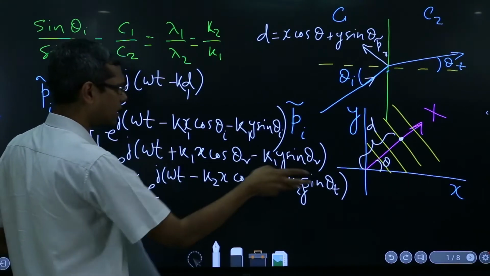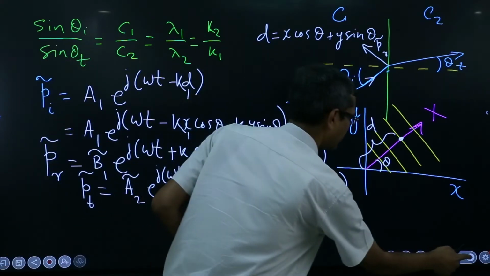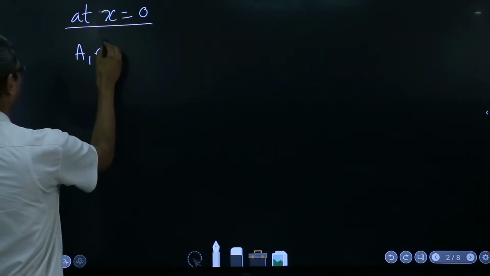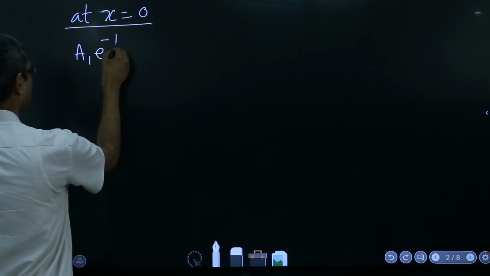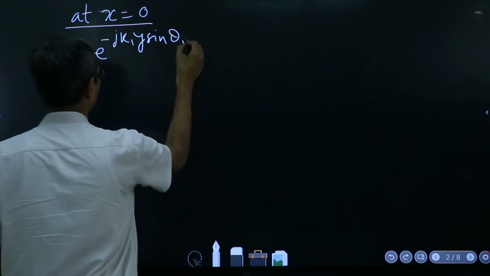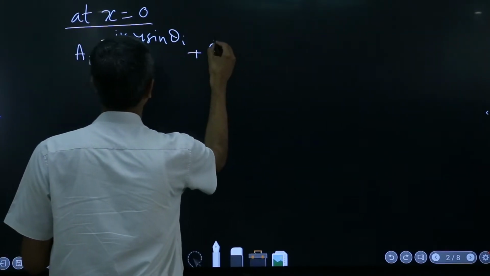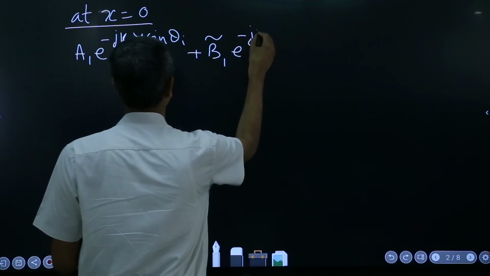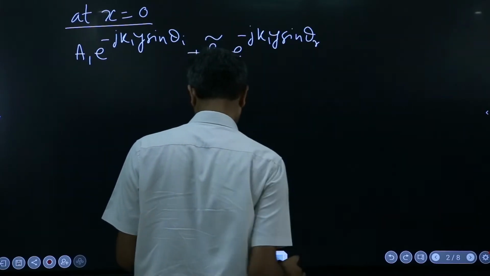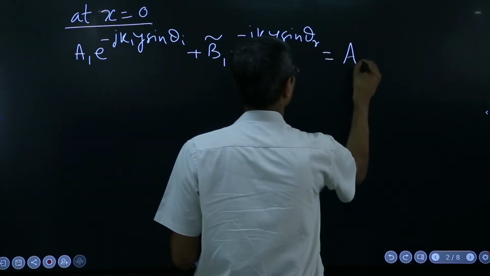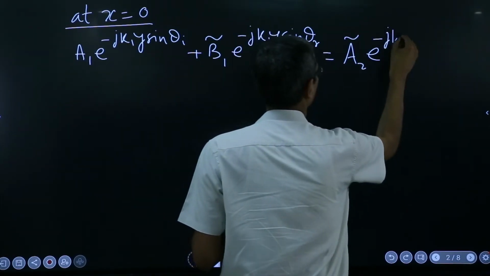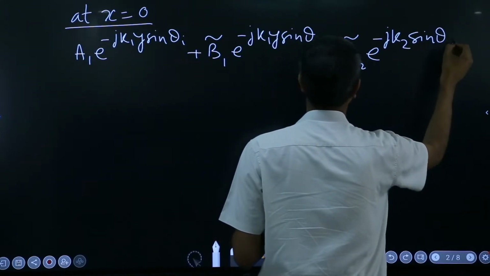Then omega t will be cancelled out from both the sides. So what will remain is this, your a1 e raised to minus j k1 y sine theta I plus b1 e raised to minus j k1 y sine theta r is equal to a2 e raised to minus j k2 y sine theta t.